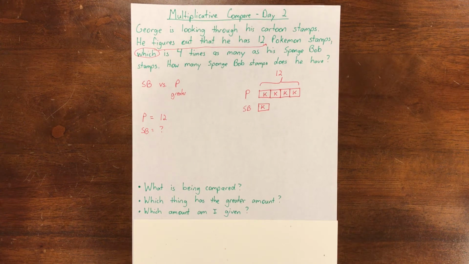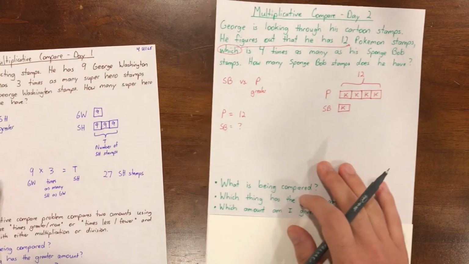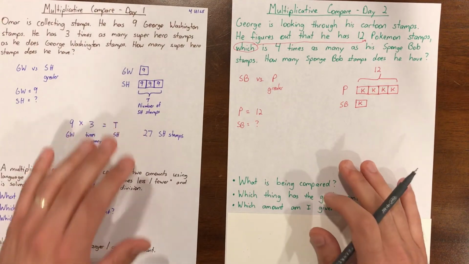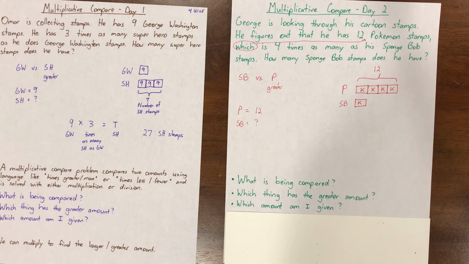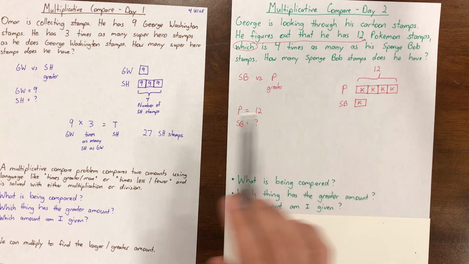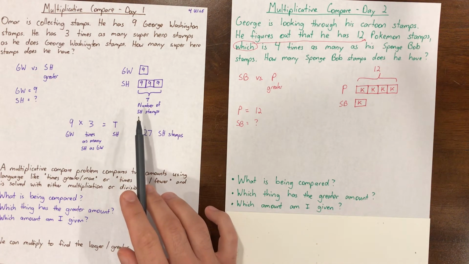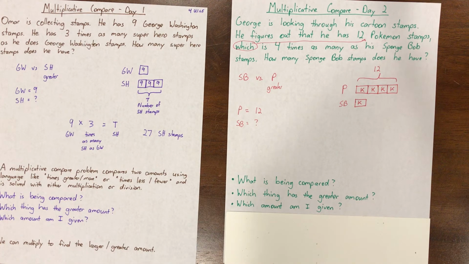This is a little different than the representation that we had yesterday. So here's the visual anchor from yesterday. Okay. How is the representation that we have today different from the one we had yesterday? Say it out loud. Okay.